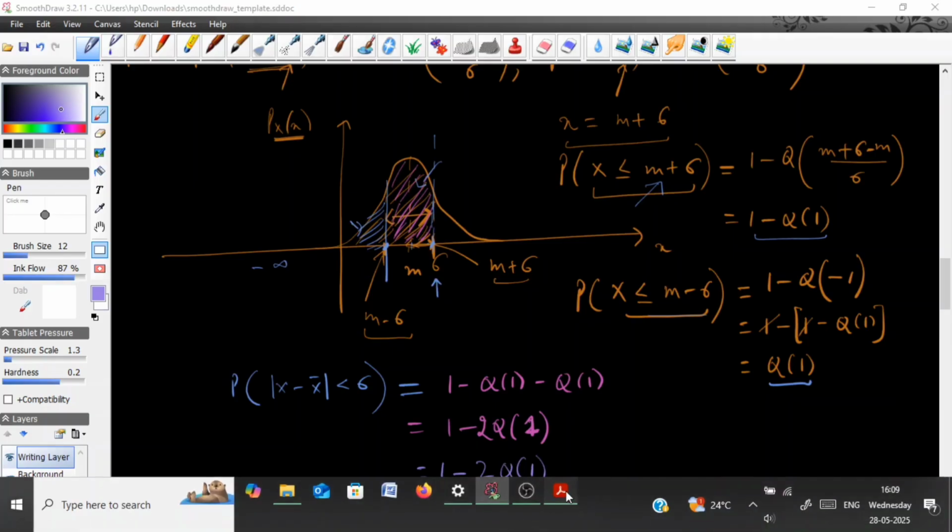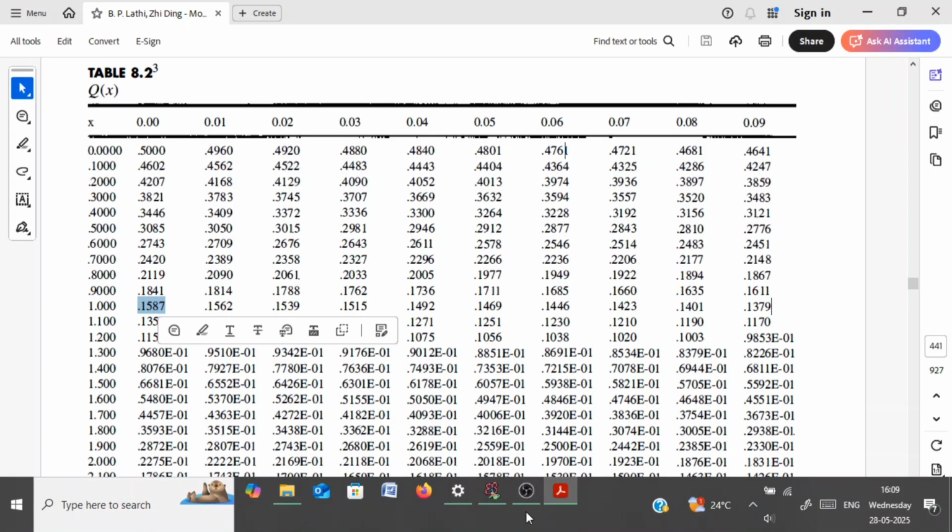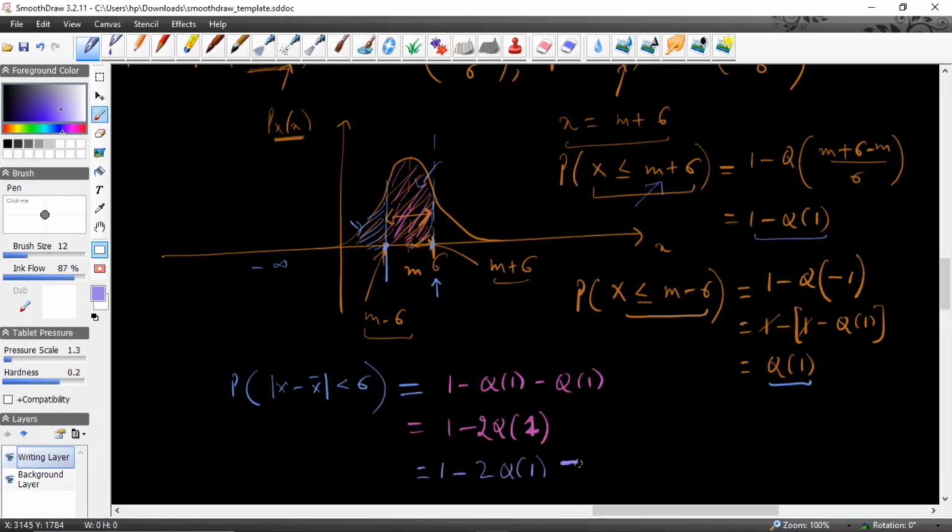Okay, and if you look at this Q of 1 from this equation, the Q function for x equal to 1 is 0.1587. So it becomes 1 minus 2 times 0.1587, and that comes to be around 0.68.